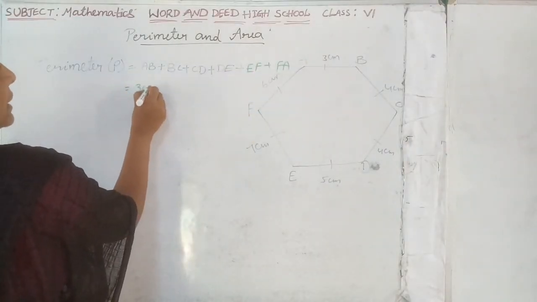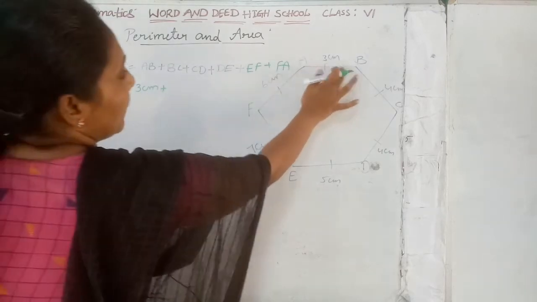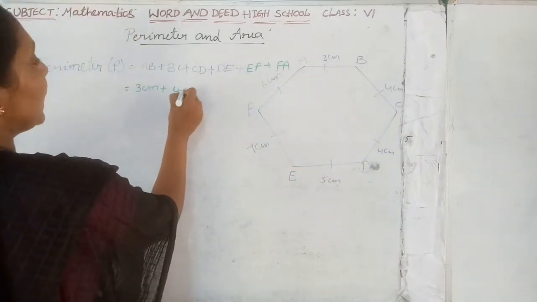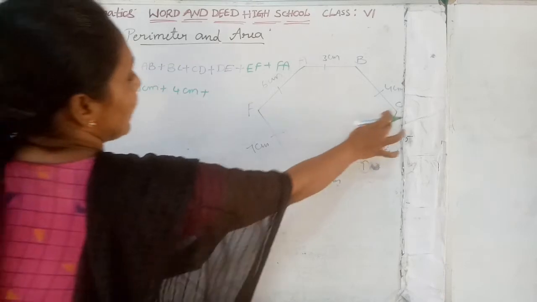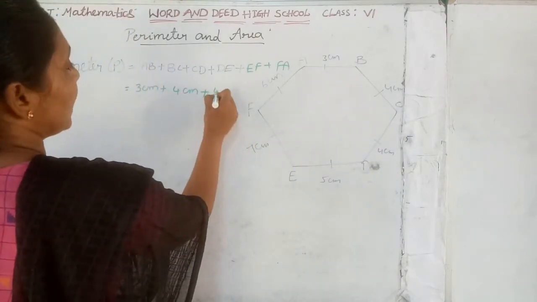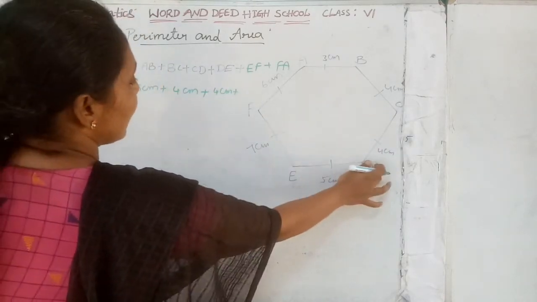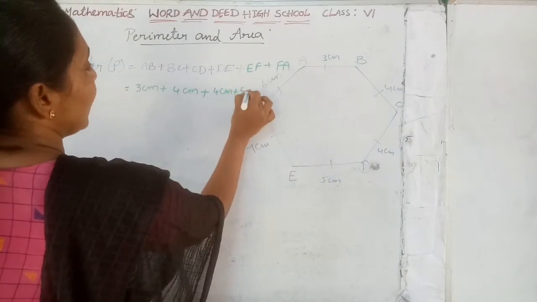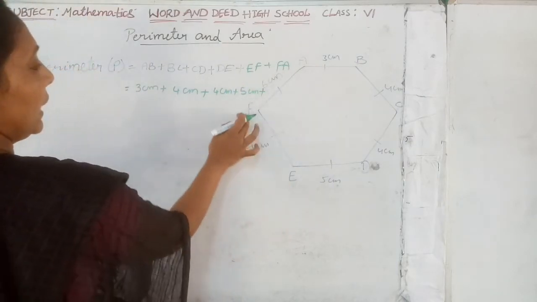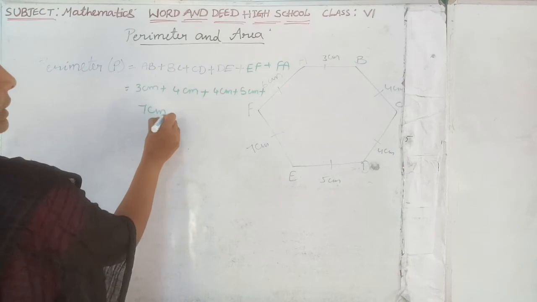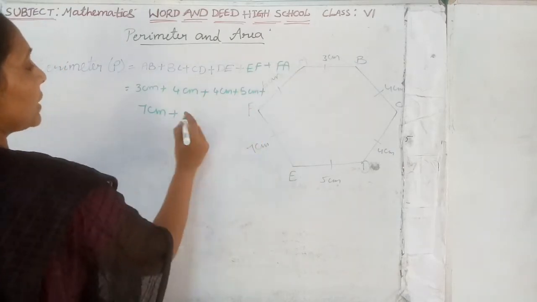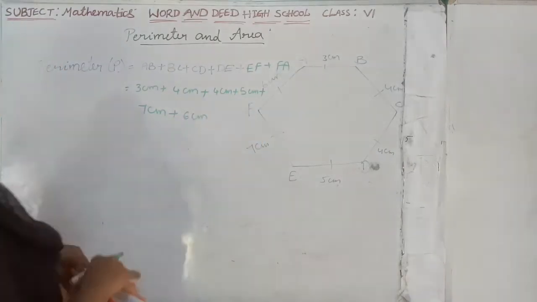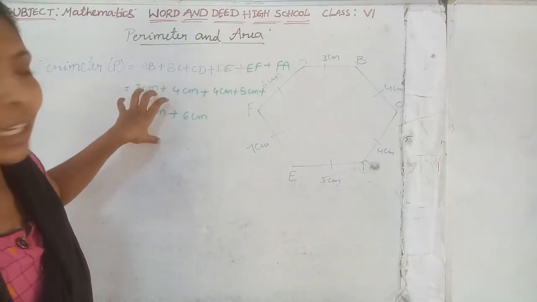3 centimeters plus BC 4 centimeters plus CD 4 centimeters plus ED 5 centimeters plus EF 7 centimeters plus FA 6 centimeters. What lengths are we substituting, children?